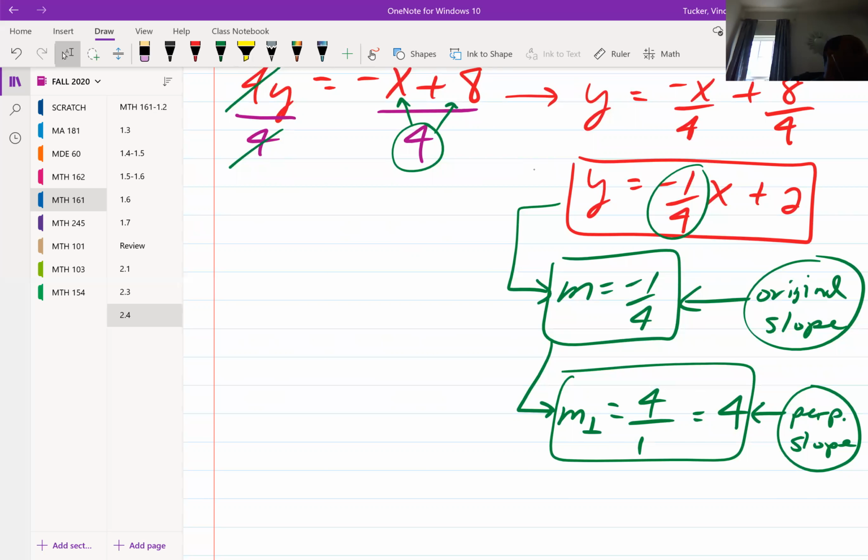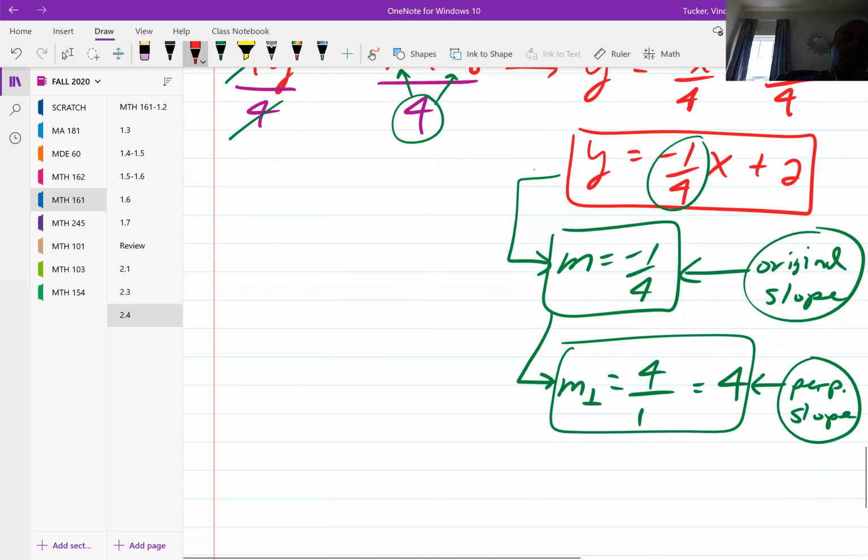Before we go any further, questions? All right. So we have our slope.